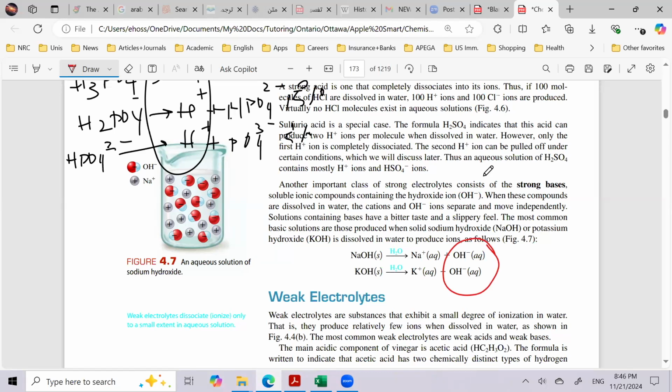Hydroxide ions. Like if you have sodium hydroxide in water, the ions dissociate into sodium and hydroxide ion. So this is called a base. Potassium hydroxide, for example, when you dissolve it in water, turns into potassium plus and hydroxide minus, OH minus. So this OH minus is hydroxide ions.